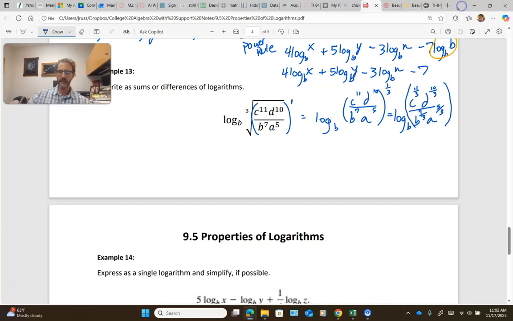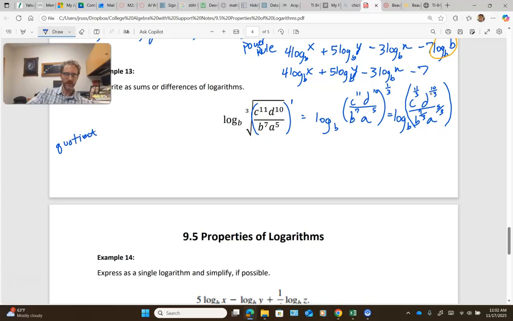This one had an extra couple steps at the beginning to take care of this radical. You rewrite the radical as an exponential expression, and then you distribute this exponent, and now I've got just a quotient right here. So now I can proceed the way I did the last one. Split this apart using quotient rule, and then use the product rule and then the power rule. So this one's got an extra step or two.